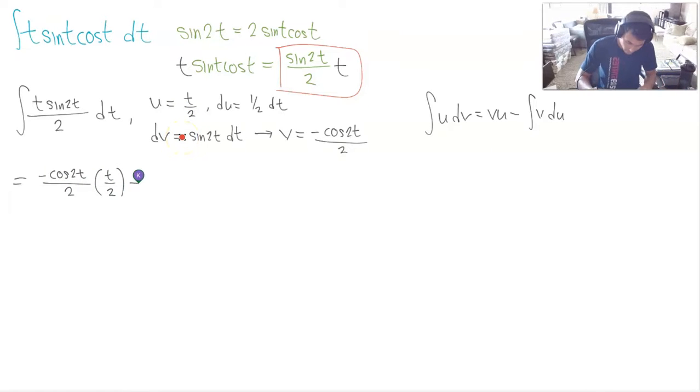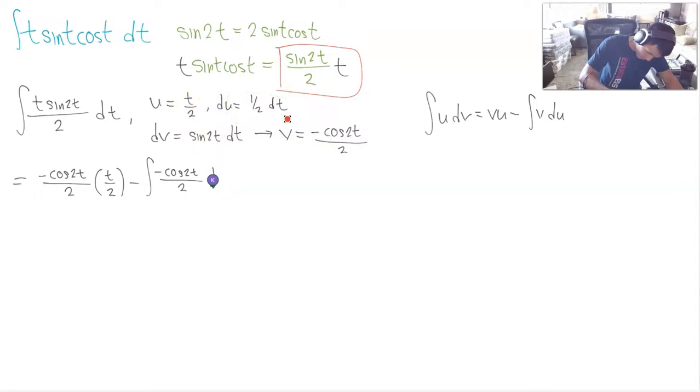And this is going to be minus, and then v is negative cosine 2t divided by 2, and du is 1/2 dt. As you can see, the negative and the negative here, we can get rid of those and turn them into plus signs. Like that. That's all we have to do.